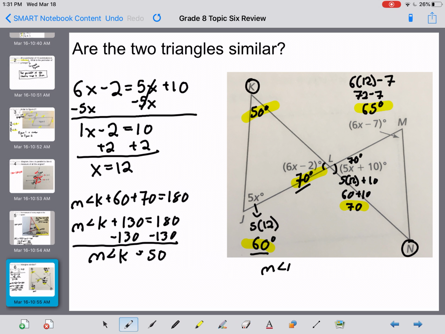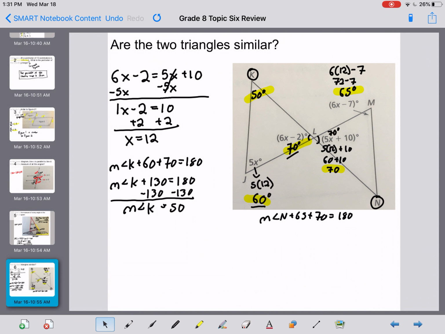The measure of angle N plus 65 plus 70 equals 180. 65 plus 70 is equal to 135. The measure of angle N plus 135 equals 180. I can solve this for the measure of angle N by subtracting 135 from each side. The measure of angle N is equal to 45 degrees.